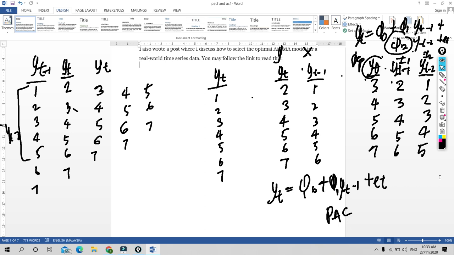So to do it manually is quite tedious. A correlation you can do, it's quite easy because we just have 2 variables here. The single linear regression is quite okay, but when it comes to multiple regression the calculation is quite tedious, so that's why we use software to solve this problem.